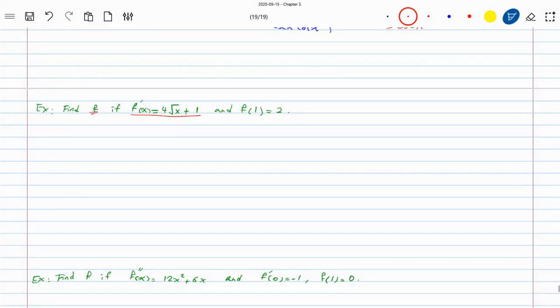So how do we find the antiderivative function f? If you wanted to take the derivative of the function 4 square root of x plus 1, what we do is you write it in terms of x to the power 1/2.